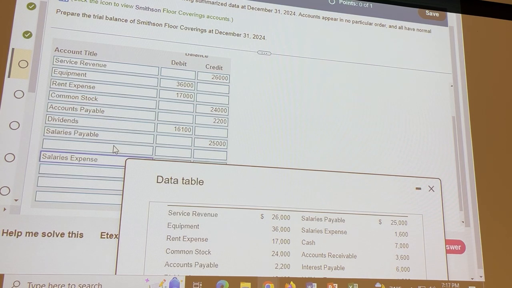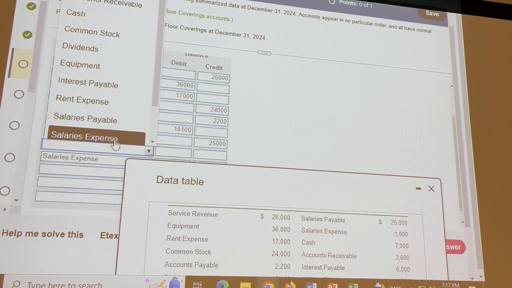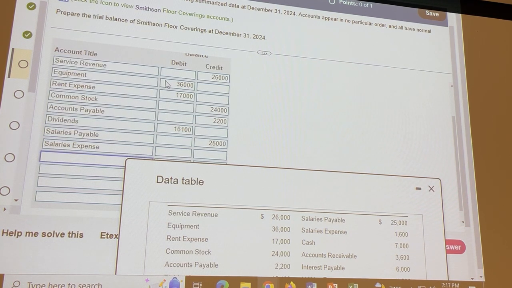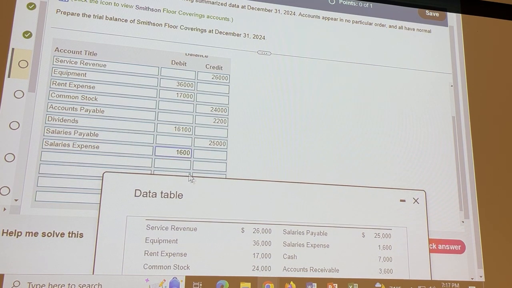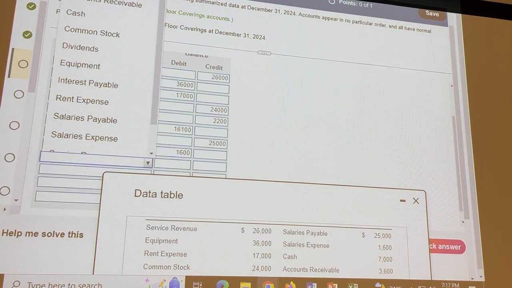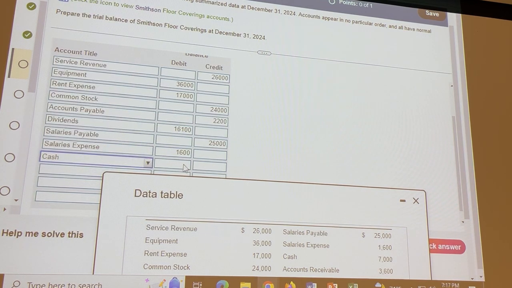Salaries, I'm gonna mess this up. Salaries expense, okay. Salaries expense is an expense account, so that's gonna be a debit. Cash is an asset account, so that's gonna be a debit.